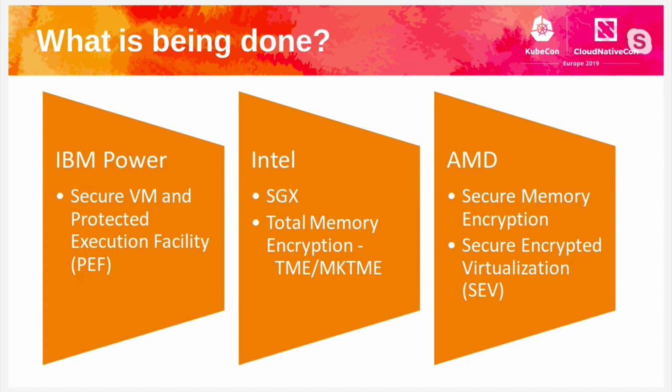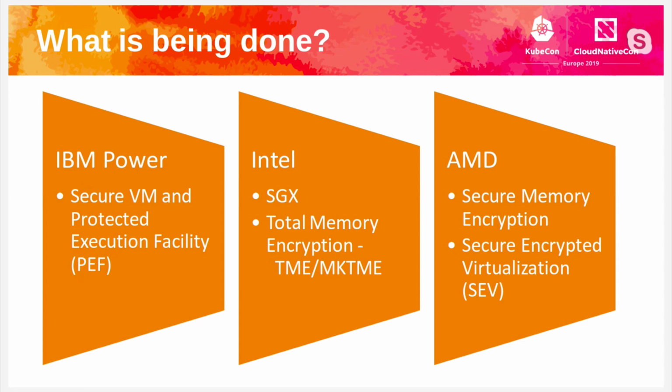IBM Power has similar technology which is termed Secure VM and Protected Execution Facility. One thing to note is that these technologies are continuously improved to make it easier for end user consumption. For example, today there are cloud offerings leveraging Intel SGX, such as IBM Cloud Data Shield and Azure Confidential Computing.